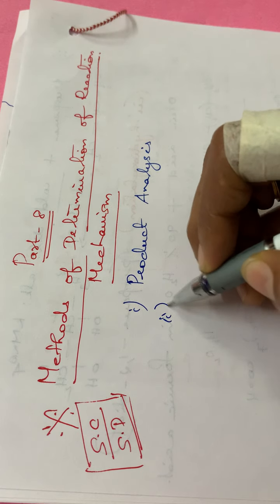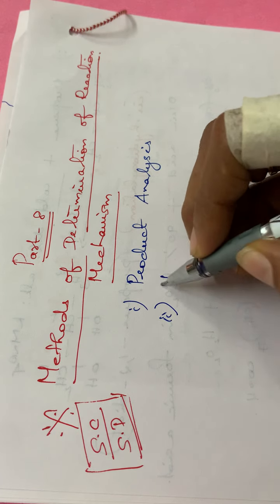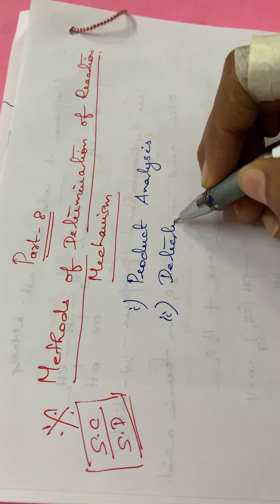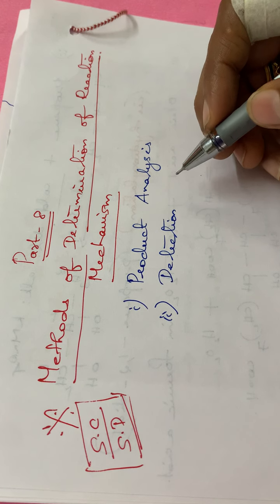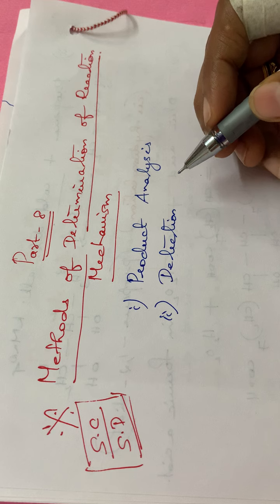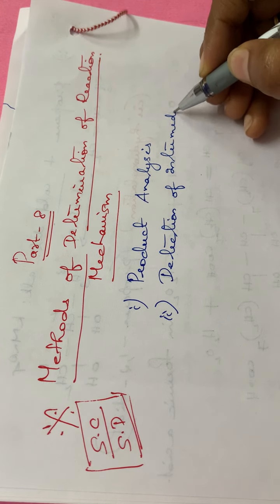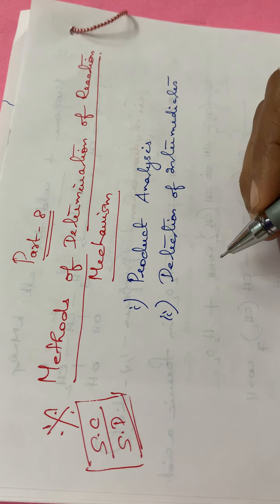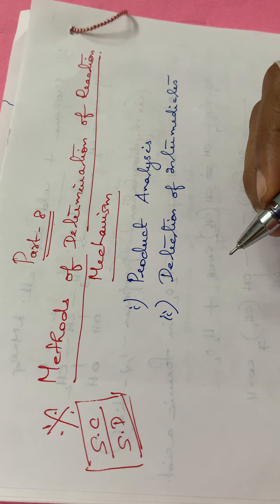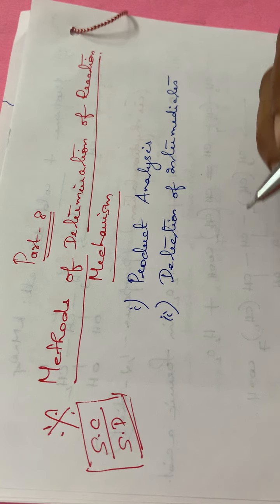Then the second one is detection of intermediates. In the case of detection of intermediates, there are again three different steps for the determination of intermediates.